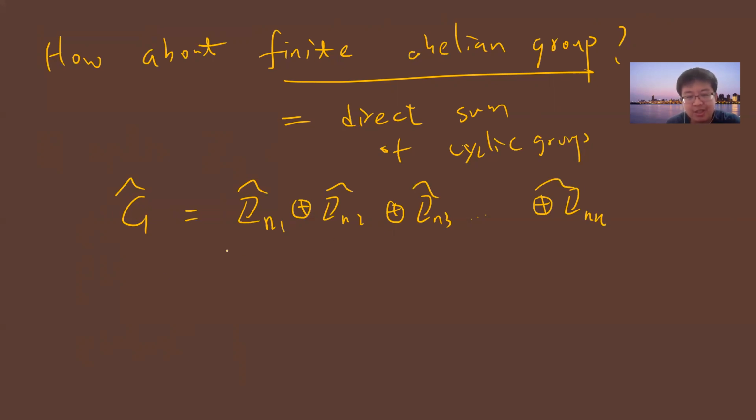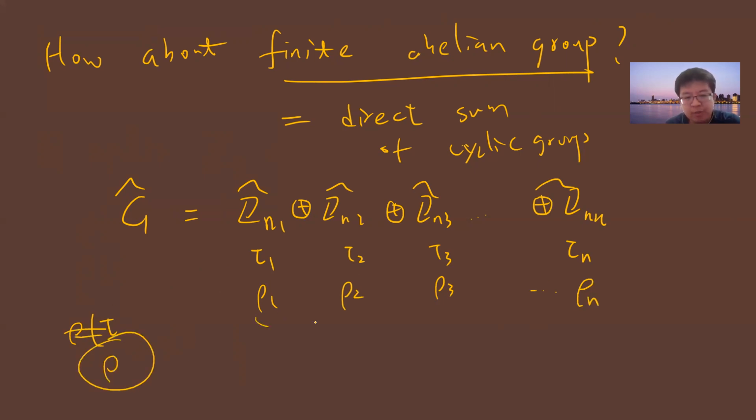Actually, there are generators here, tau 1, tau 2, tau 3 up to tau k, and you just map each tau. You have rho 1, rho 2, rho 3, and your rho is specified by all of these.